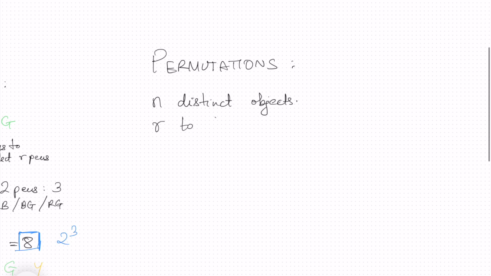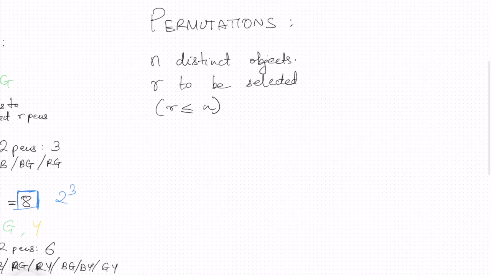Obviously, r is less than or equal to n. r cannot exceed n. So there are r places, 1, 2, 3, 4, all the way up till r.